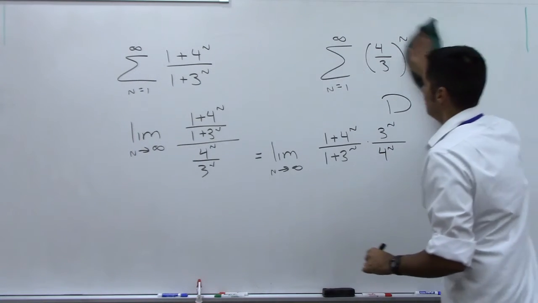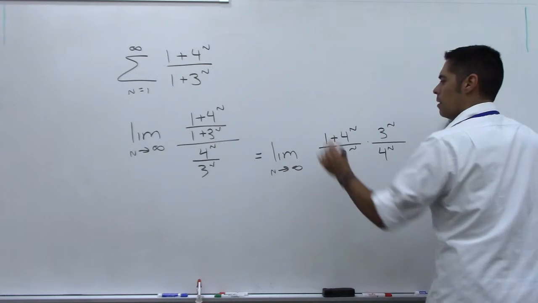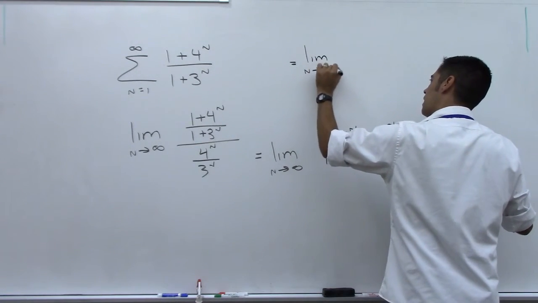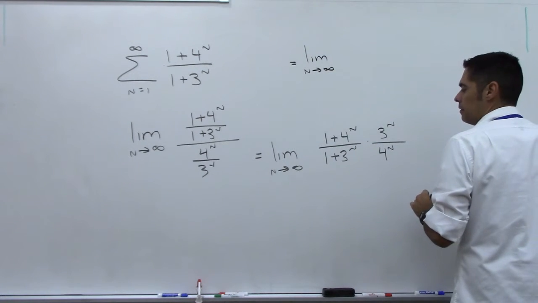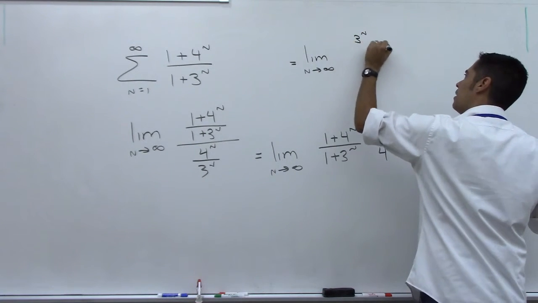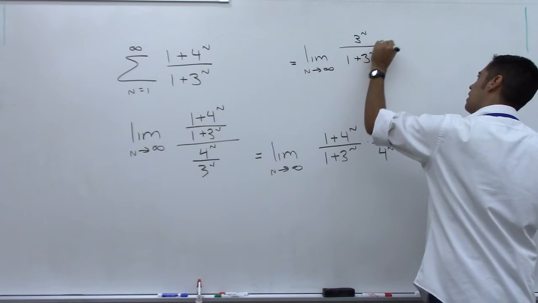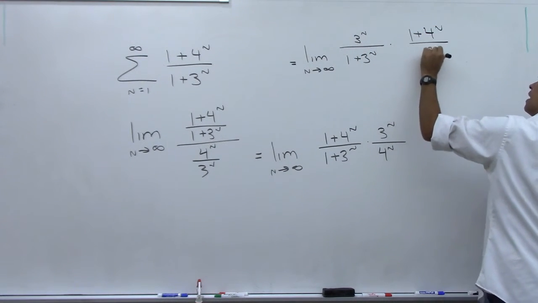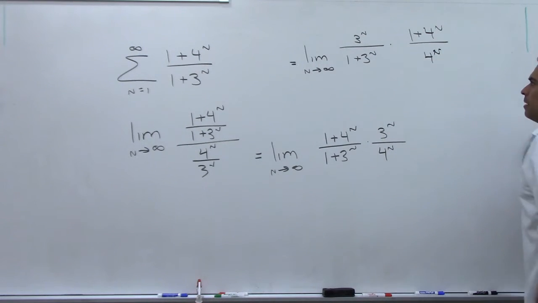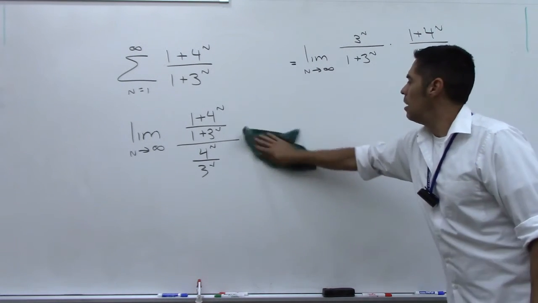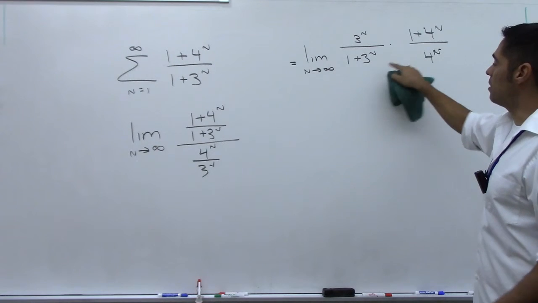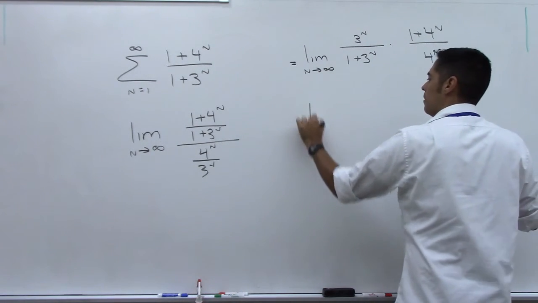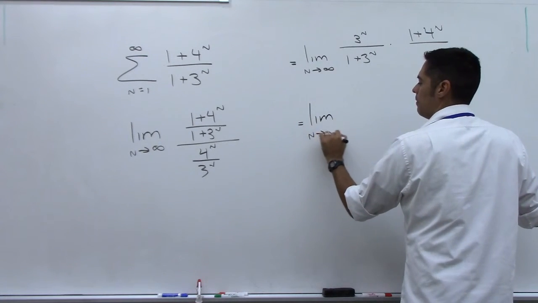And then I could split this up and do something like limit n goes to infinity of 3 to the n over 1 plus 3 to the n times 1 plus 4 to the n over 4 to the n. And then, since it's a product, I can just do L'Hopital on each one.